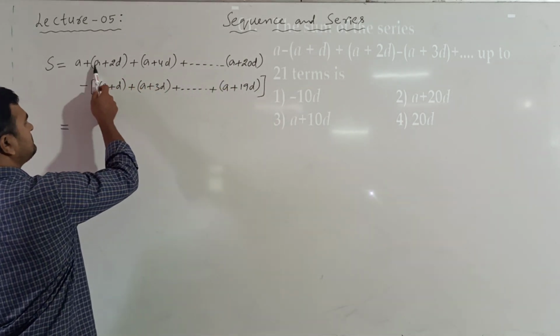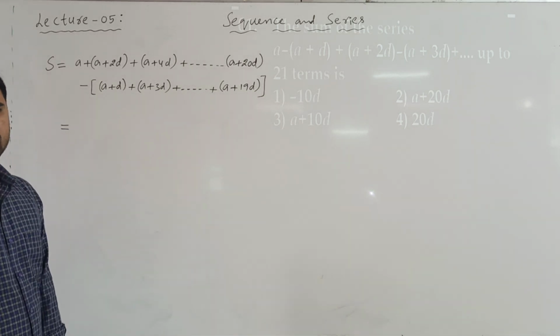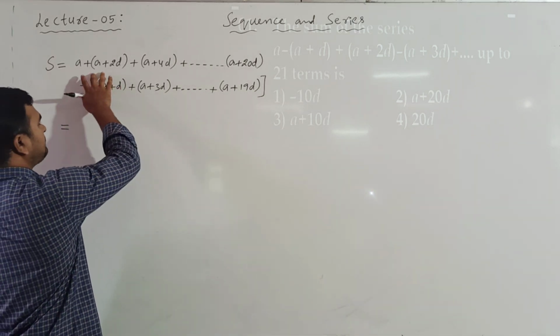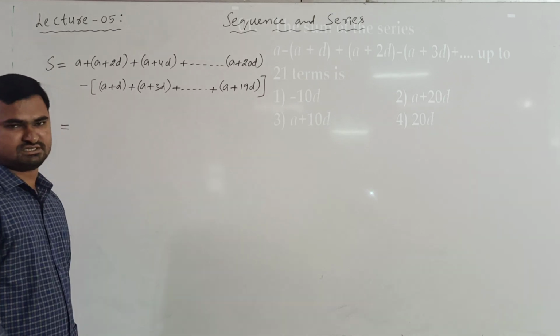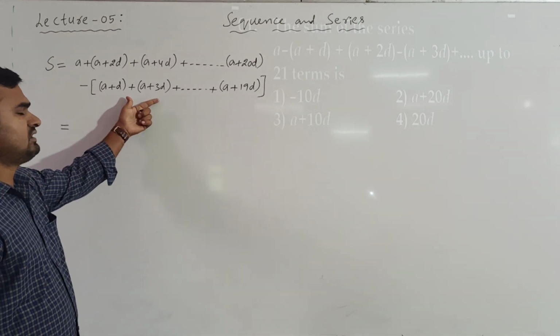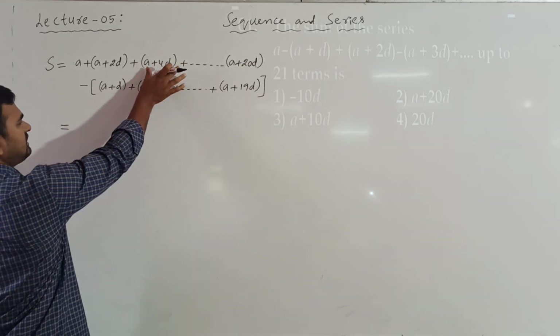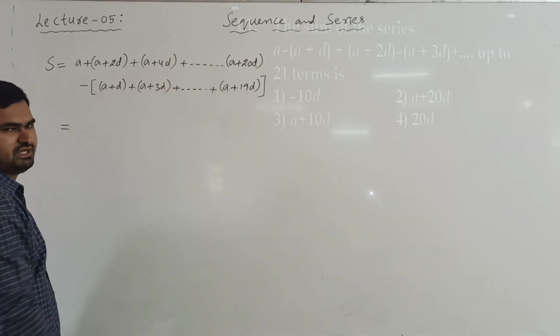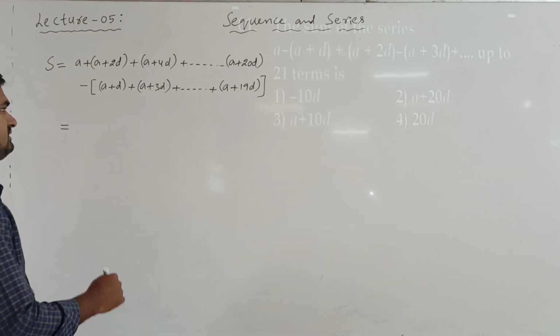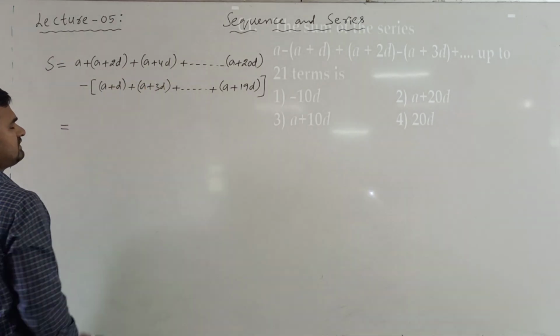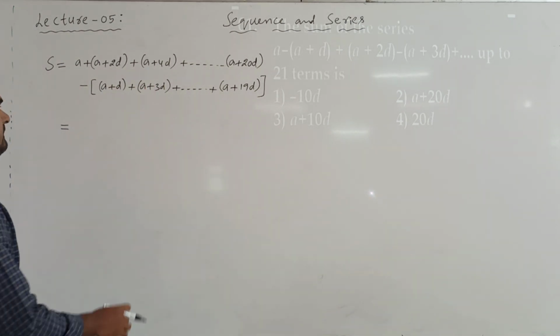Here we have 10 terms plus a, 11 terms. So in this first group we have 11 terms, which means in the second group we have 10 terms. So we need the sum of 11 terms here and sum of 10 terms here.